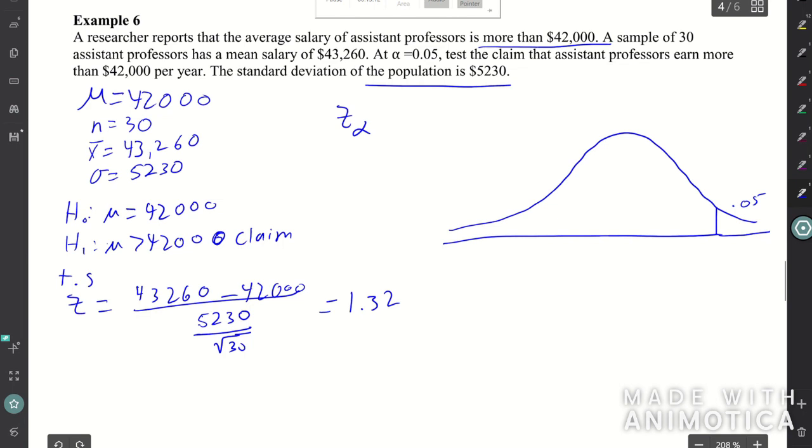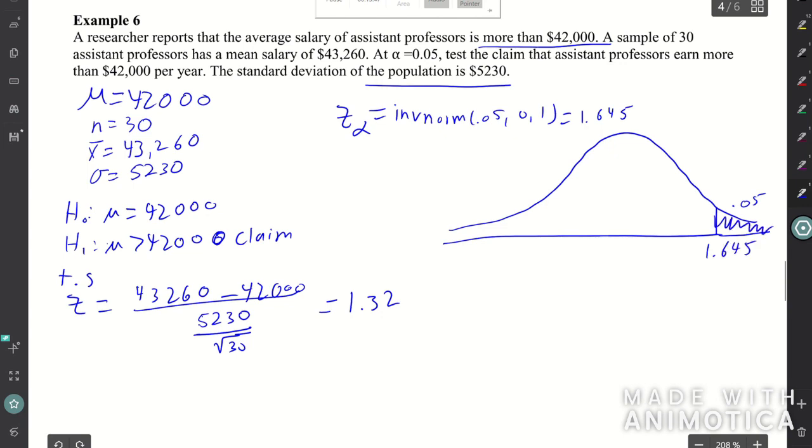We know from up above, or we can do an inverse normal, that our critical value is going to be 1.645.